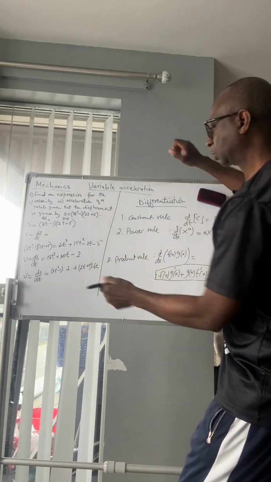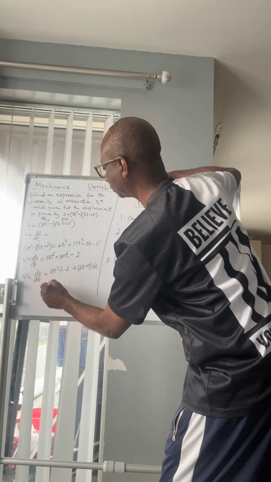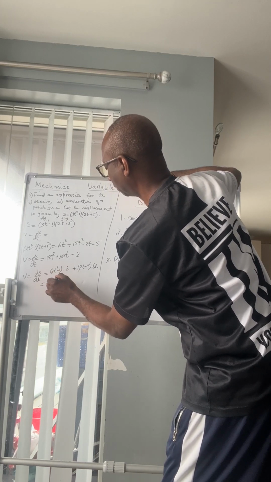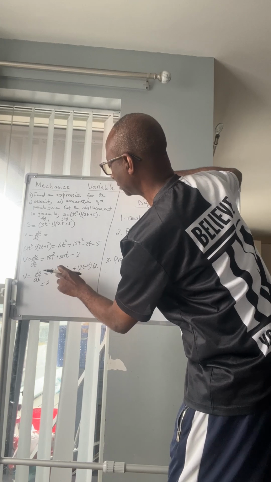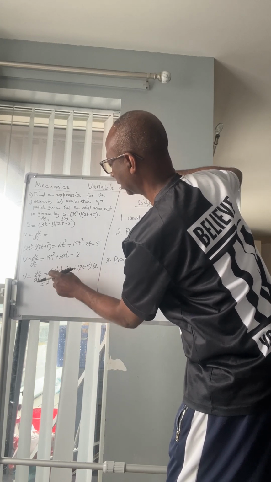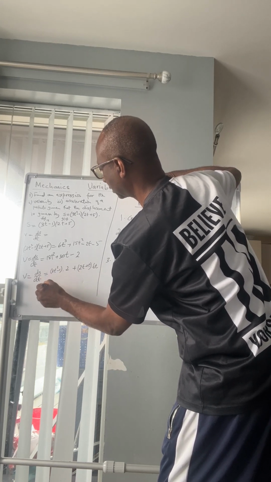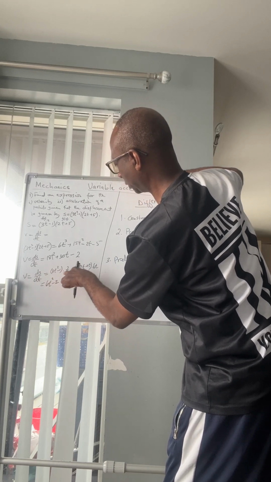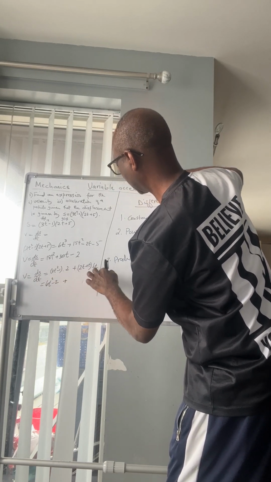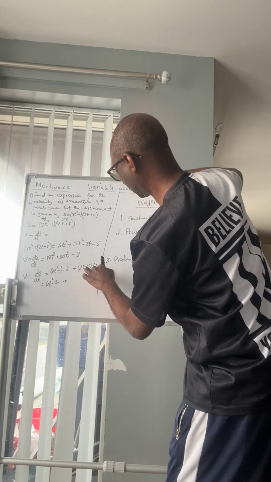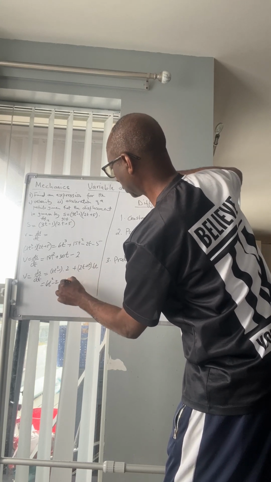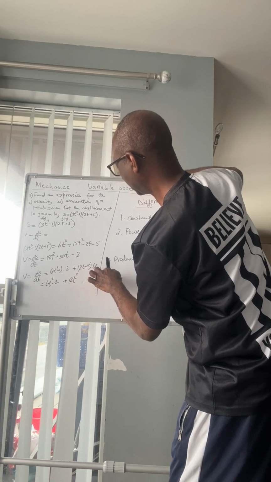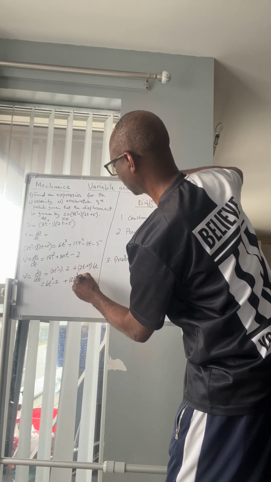Applying the rule, this one here will give you 2 times (3t squared minus 1), you're distributing it, plus now 6t times 2t, which is 12t squared, plus 6t times 5, which is 30t.